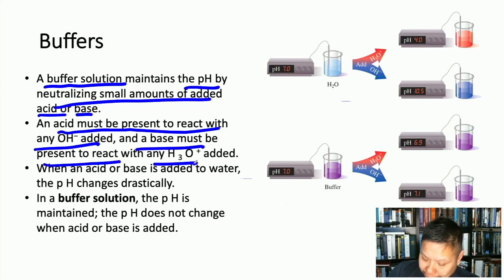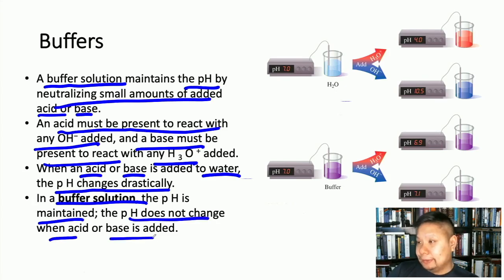So normally when an acid or a base is added straight to water, the pH changes drastically, but in a buffer solution, the pH is maintained, right? It doesn't change when an acid or base is added. In fact, it resists pH changes, and you have to add an overwhelming amount of either acid or base to change it, right?